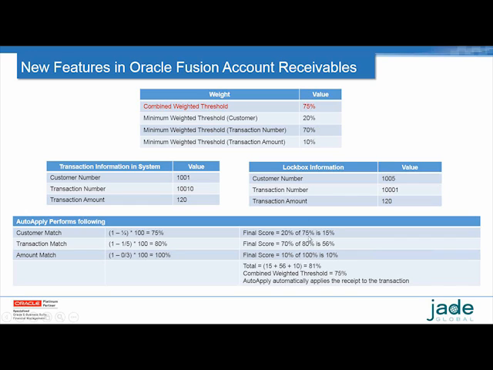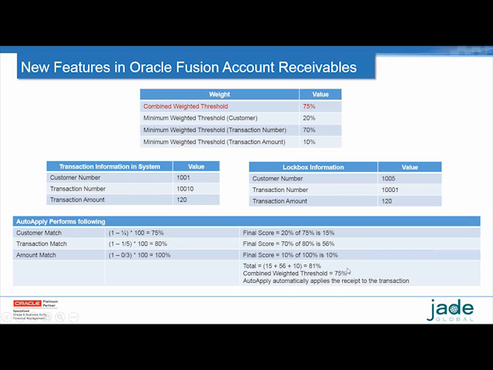So 20% of 75 is 15%, 70% of 80% is 56, and for the amount match, 10% of 100% is 10%. When you total these three, the system gets 81%, which exceeds the combined weighted threshold of 75%. So in this case, auto apply automatically applies the receipt to the transaction.